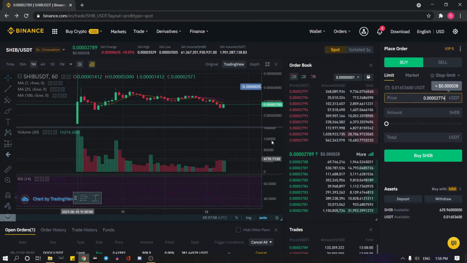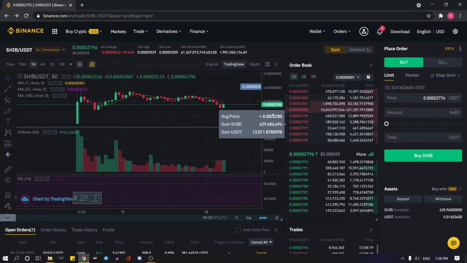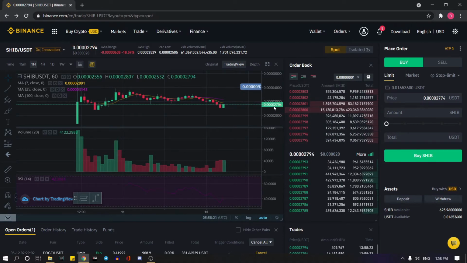All right, so in this page, this is where you place your order. All right, so if you're looking for selling, you should click to sell and buy. So either way. So right now, as you can see, this green here, this is the current price. That would be 0.00002794 and so on.